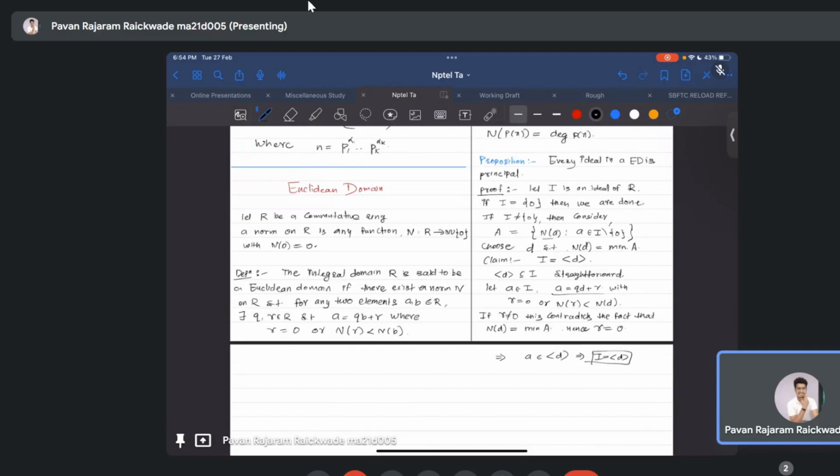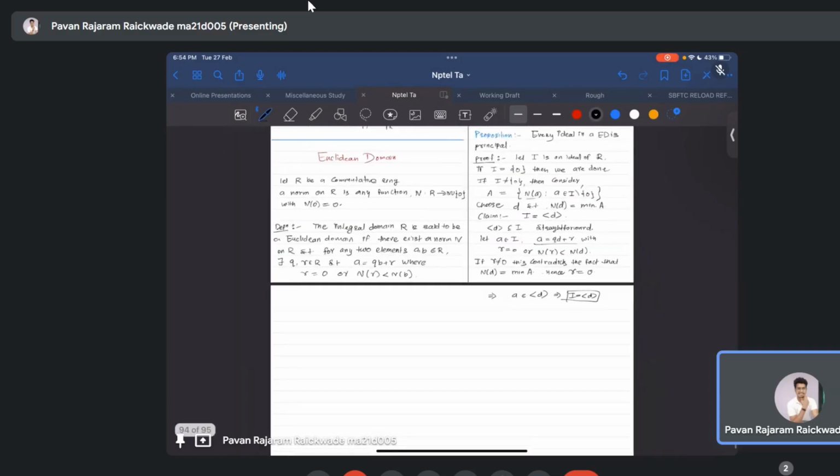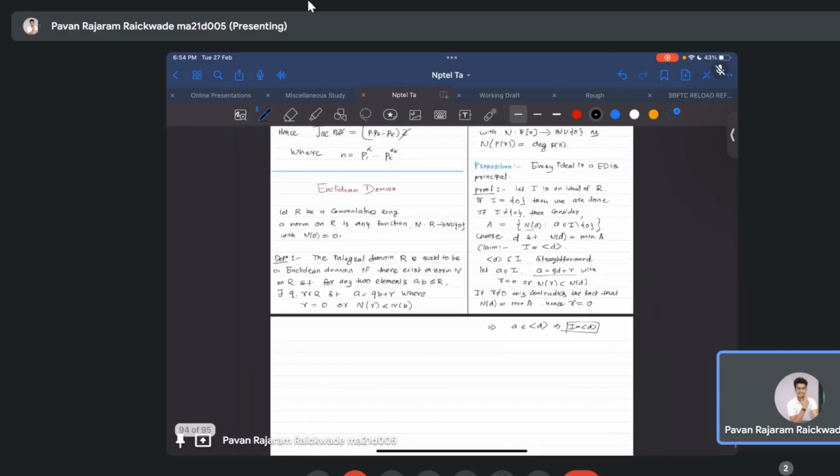More precisely, any ideal I will be generated by an element of least norm. So that's all. Hence, what this proposition says is every Euclidean domain is a principal ideal domain. I haven't said what a principal ideal domain is, but loosely it is an integral domain where every ideal is principal.